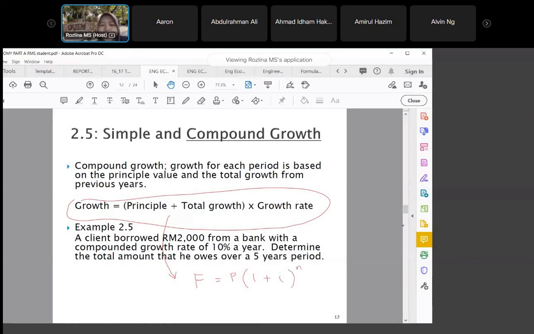This is the formula. So you just use the formula. Actually, if I have time, I will explain how they get this. But for today, maybe not.